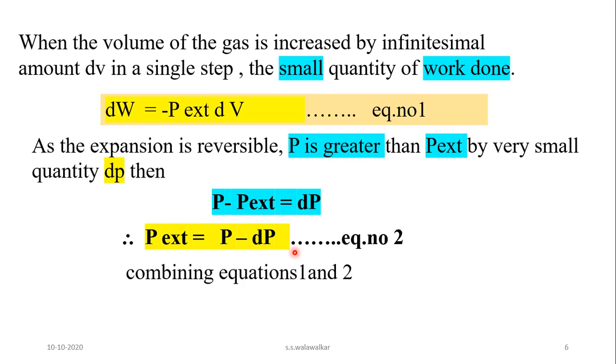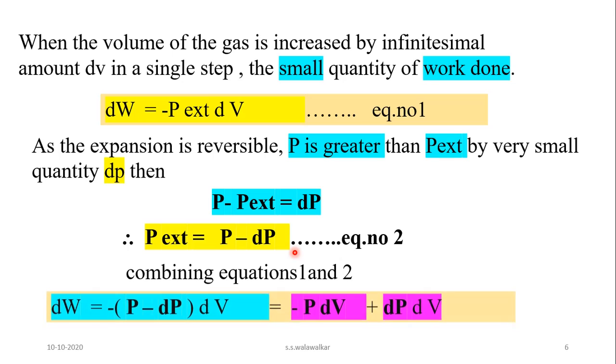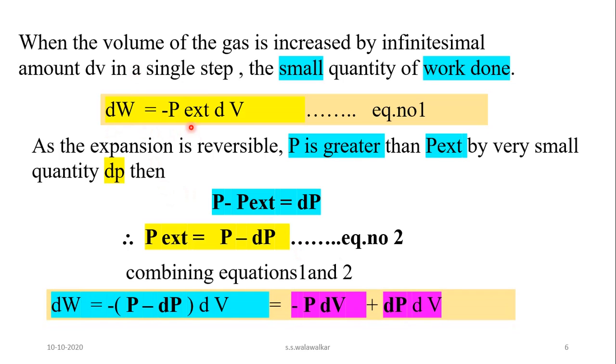If you substitute this value in the above equation, dW is equal to minus P external into dV, you get dW is equal to minus (P minus dP) into dV. Opening the bracket, you get minus P dV plus dP into dV.